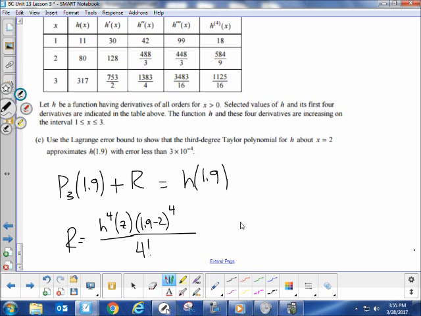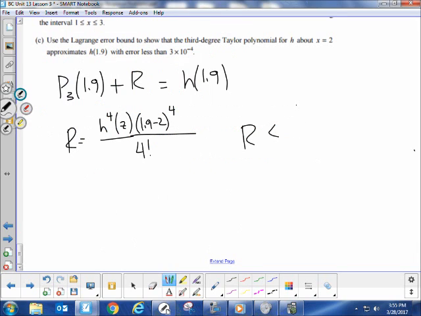Okay, well, what is our error bound? Well, I know that the remainder has to be less than the max value that this fourth derivative can take on my interval from 1.9 to 2.